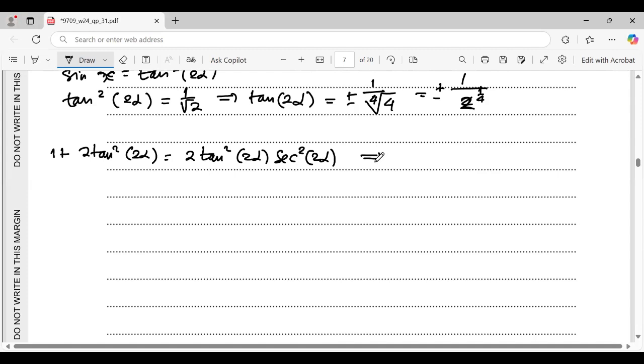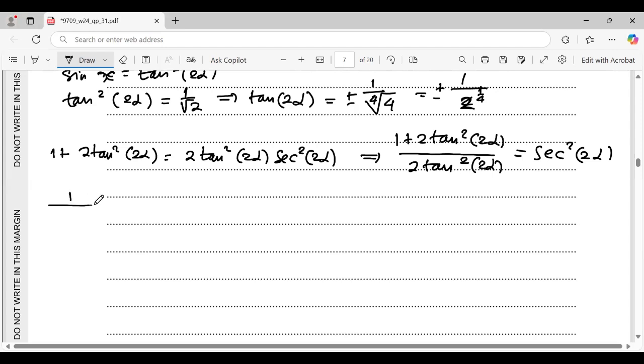So we can write this equation as 1 plus 2 tangent squared 2 alpha over 2 tangent squared 2 alpha equals secant squared 2 alpha. And it becomes 1 over 2 tangent squared 2 alpha plus 1, if you simplify this one.